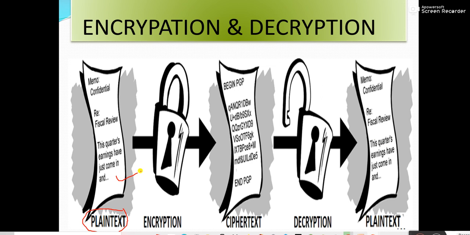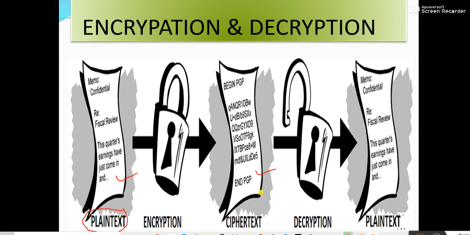Encryption is a mechanism by which we can convert this readable message into an unreadable one. This is the unreadable message. This lock and key indicates a key, and with some sort of mathematical algorithm along with the key, encryption is performed, which converts the plain text message into ciphertext.